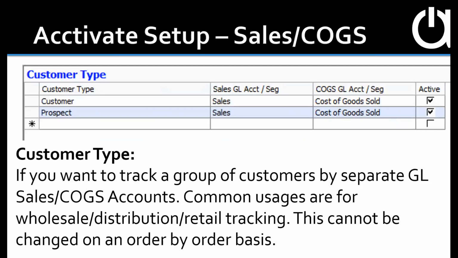Customer type. It's another common one that I use. If I have a client that has wholesale, retail, distribution, and we always want to see each of those separately, I will often set them up so that when you pick the customer, that customer type is allocated to that order. You can't change it on the order. It's always going to go into that account.